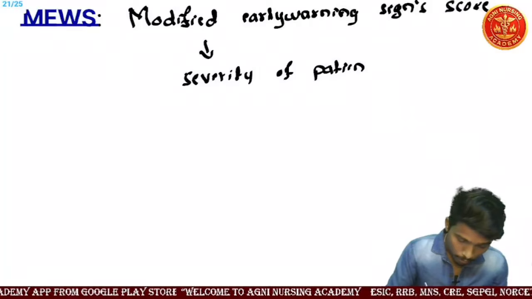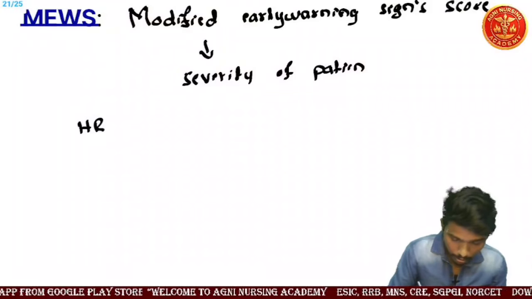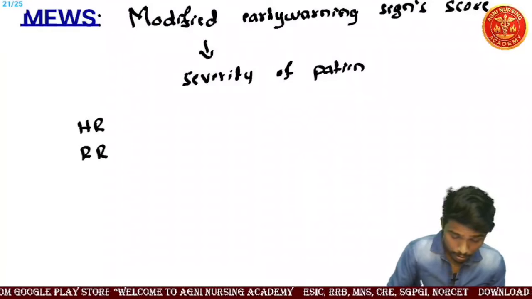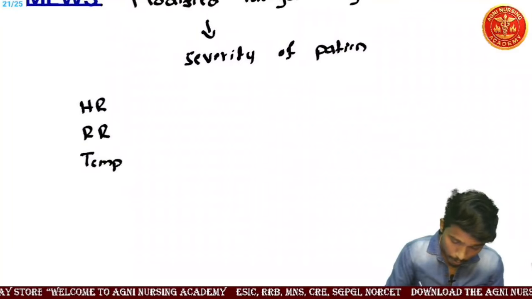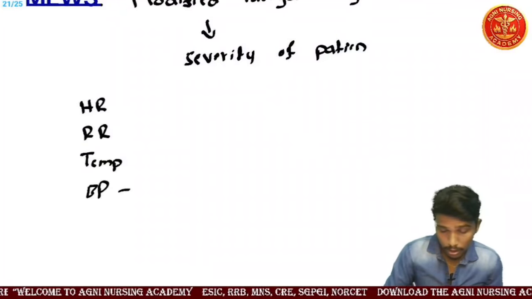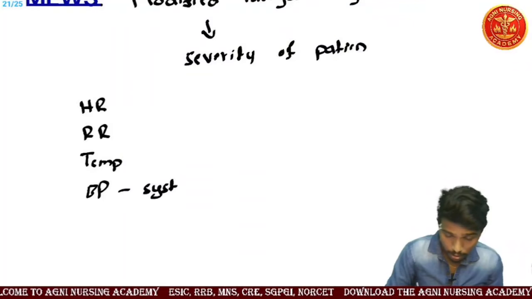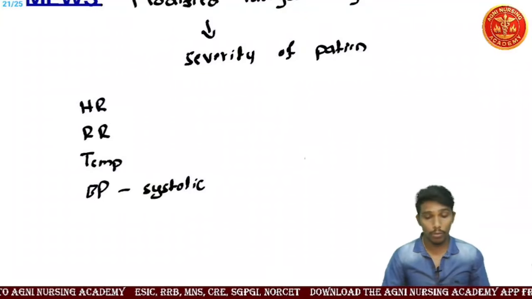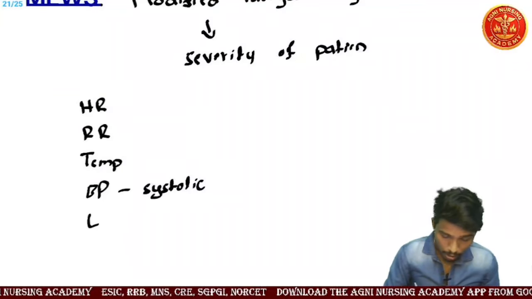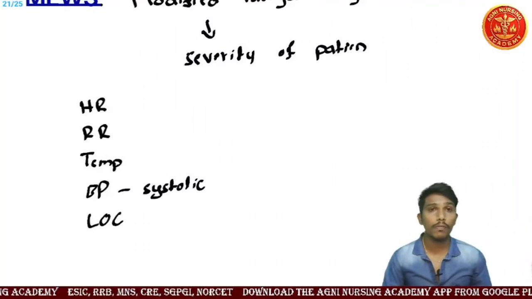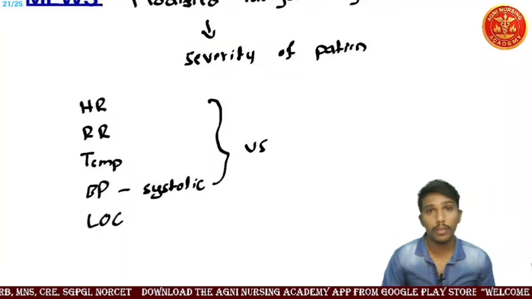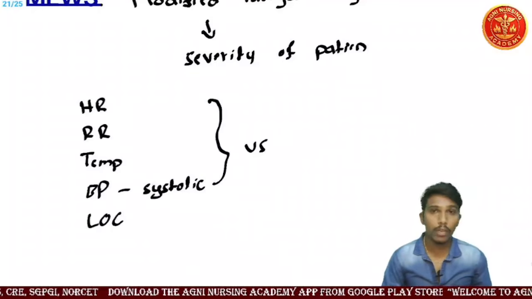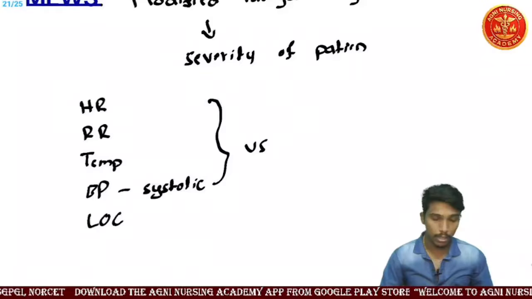First one, heart rate and respiratory rate, temperature and BP, especially systolic BP we have to observe, and the last one, level of consciousness. These are the 5 components in the MEWS score. These 4 are vital signs, and one more is level of consciousness.